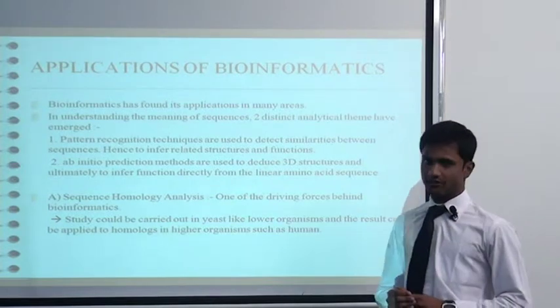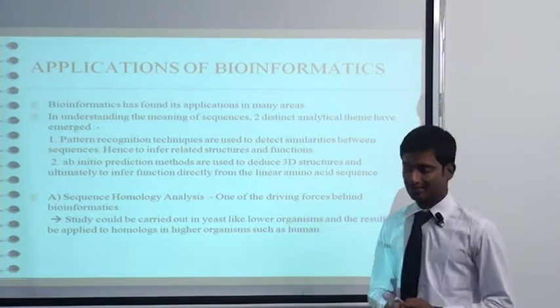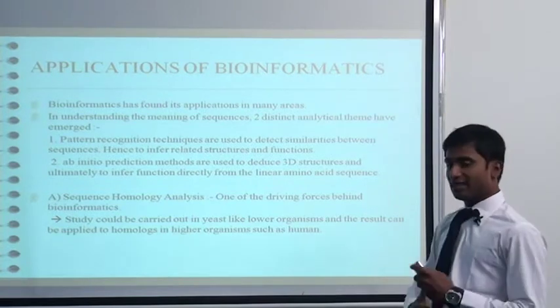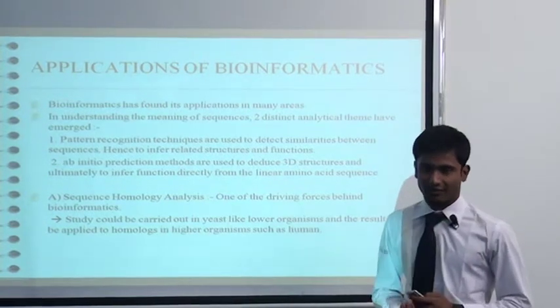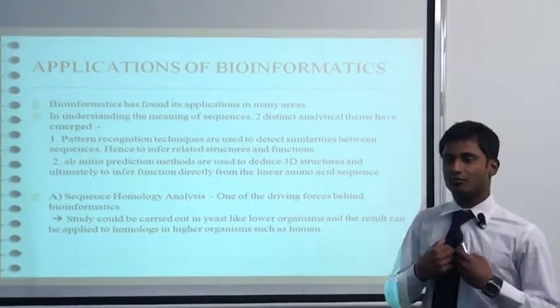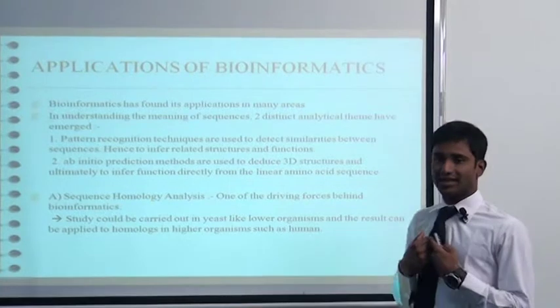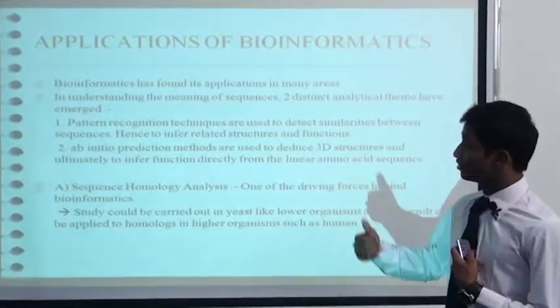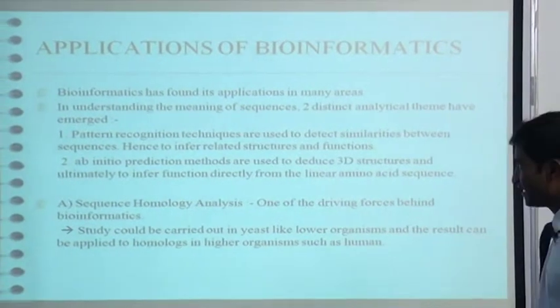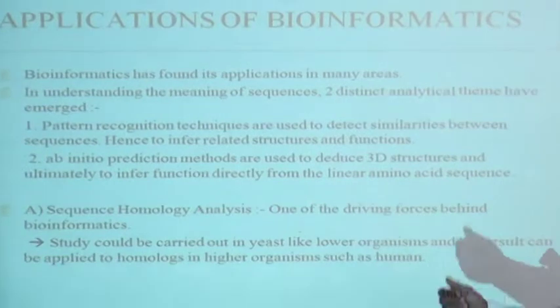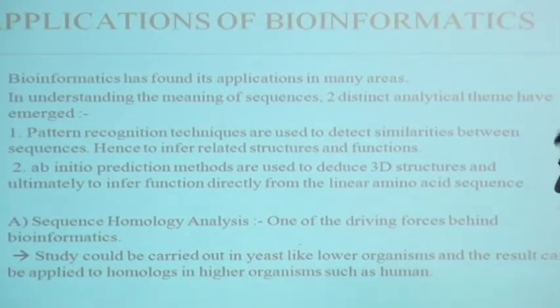The most important part of bioinformatics is its application. Because if we are developing any new thing, our prime aim is that it should benefit us, right? Similarly, bioinformatics has found application in lots of areas, like in understanding the meaning of sequences.